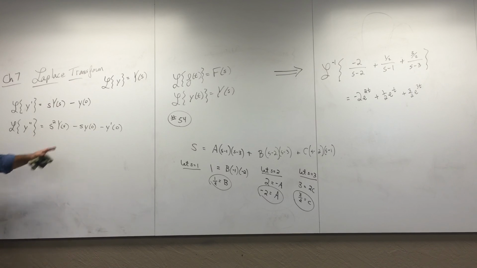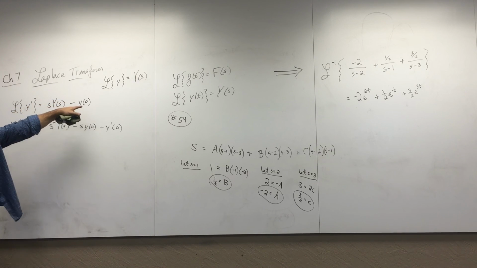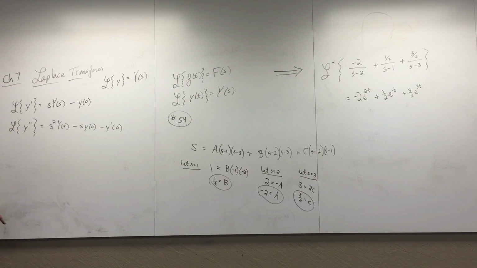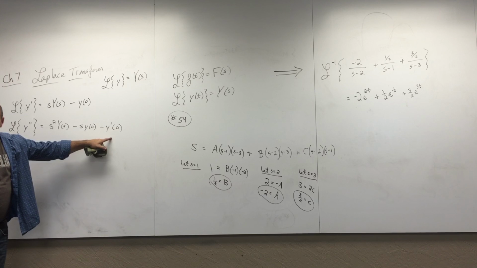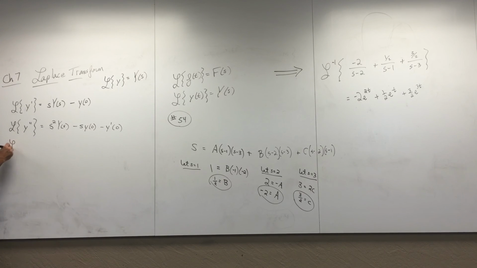And there's a pattern here. When you had a first order DE, you always only had one initial condition. When we got to second order DEs, we started to have two initial conditions. And it builds from there. If I wanted to do a y triple prime, I would get s cubed big Y of s.